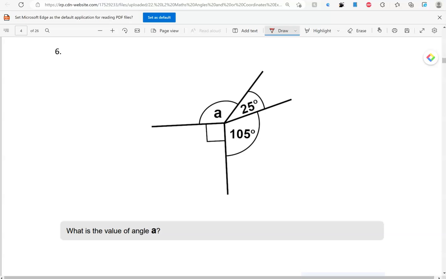What is the value of angle A? So we've got angles around the point here. All of these in total will add up to 360 degrees because it's a full circle. We're given this one, which is 105, this one, which is 25, and this one is 90.